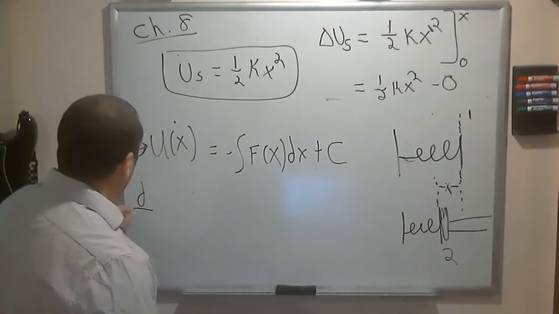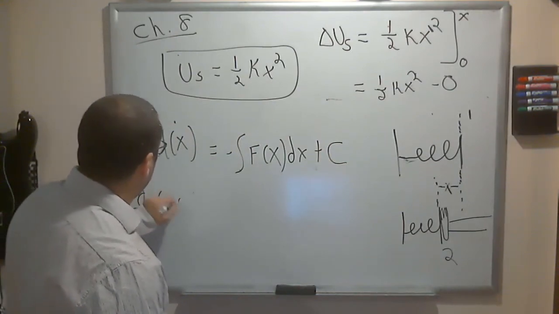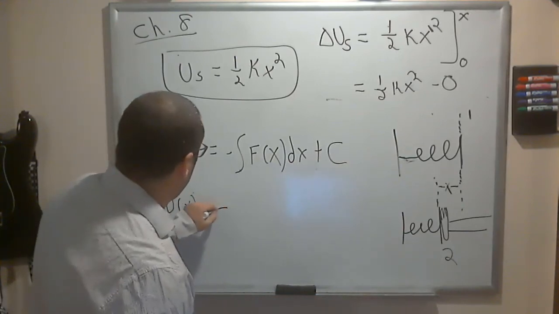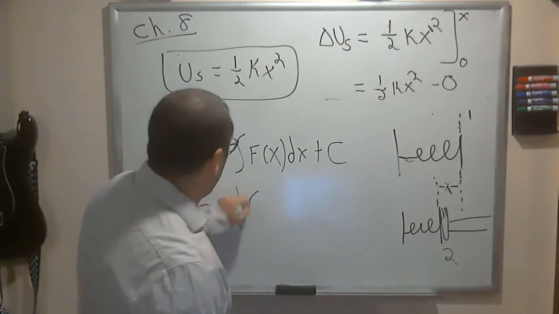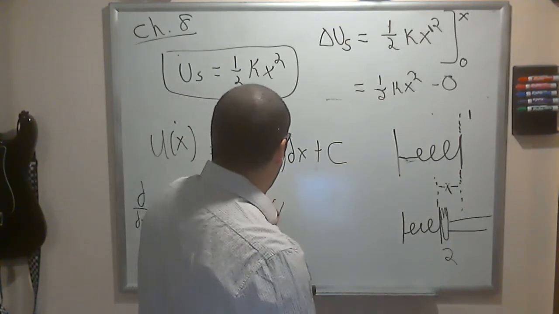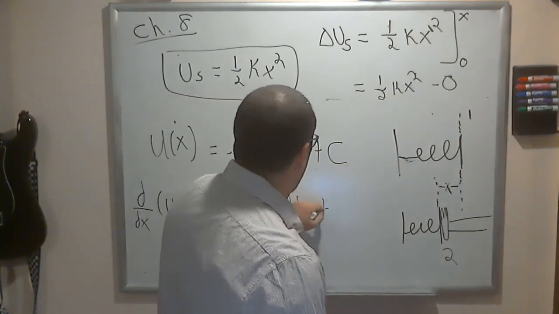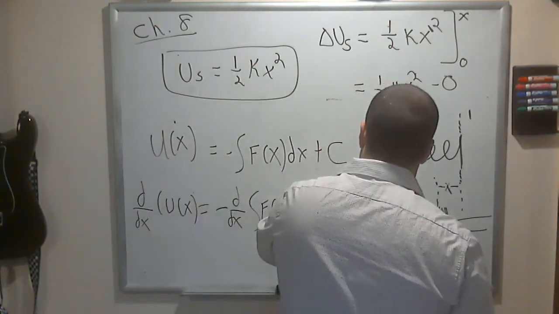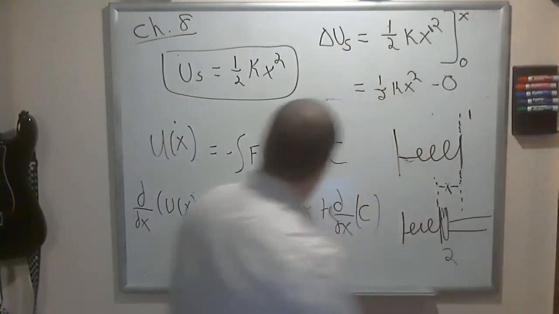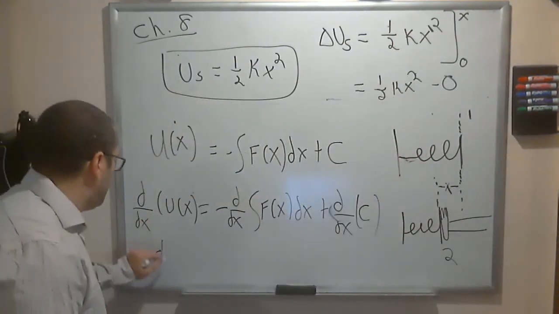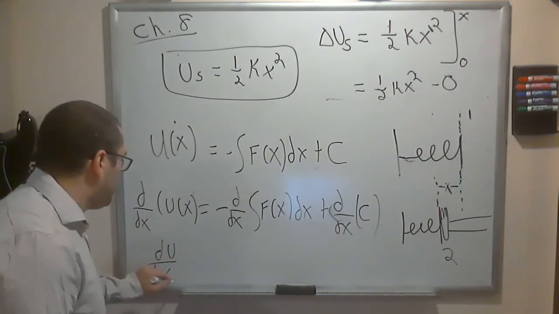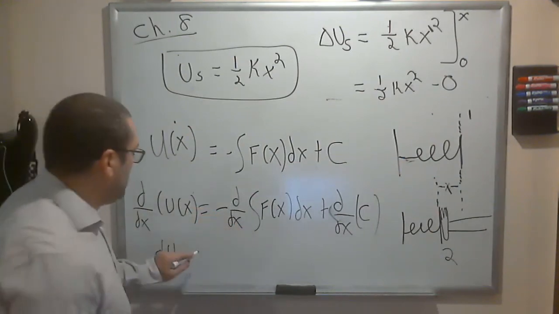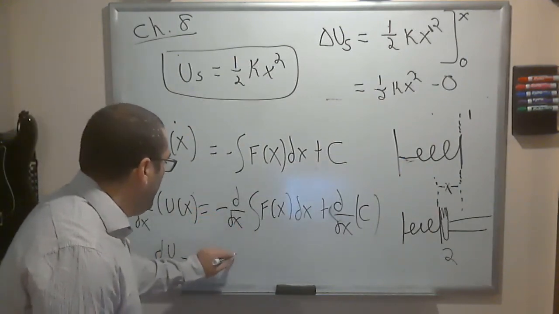So let's do a derivative on each side, and that will give us back the force. We have a derivative of an integral, they cancel, they negate each other. And then you have some constant, so here we'll just have U dx. And then these two cancel out, so we're left with the force.